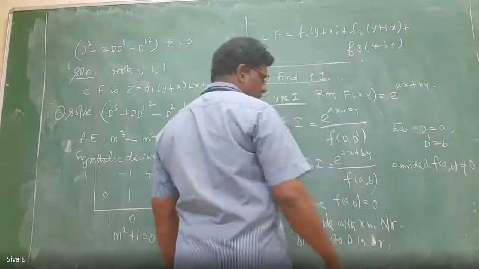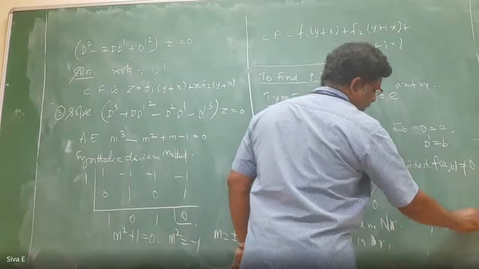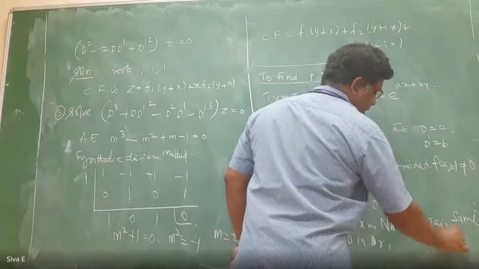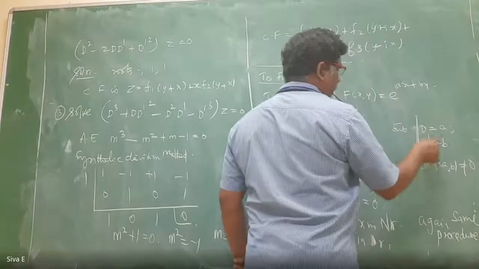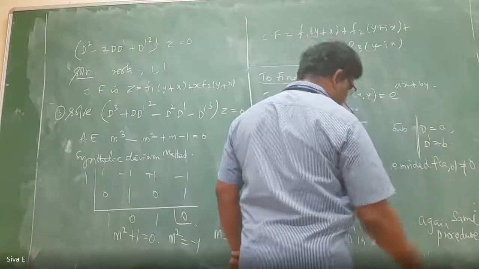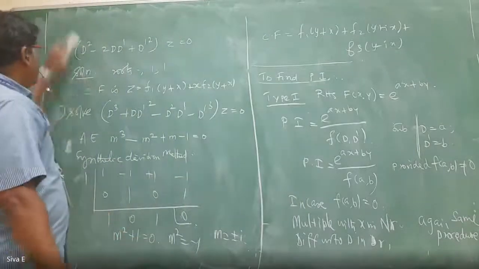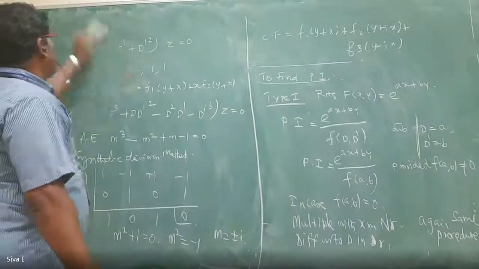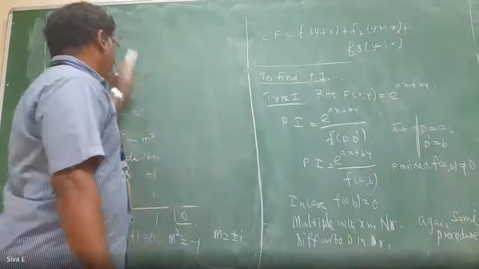So once again you substitute D equal to a, D dash equal to b. Once again you should not get 0. Otherwise you have to continue the same procedure until it is not equal to 0.